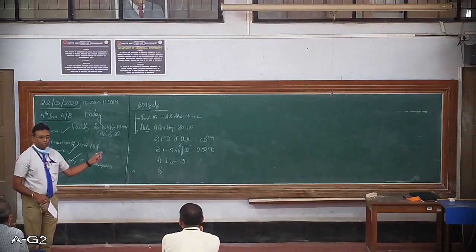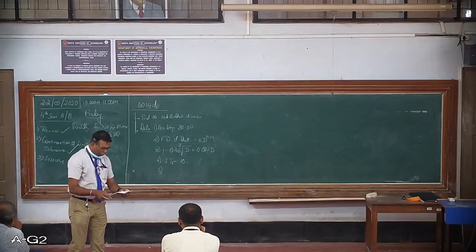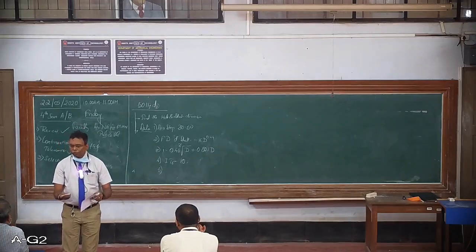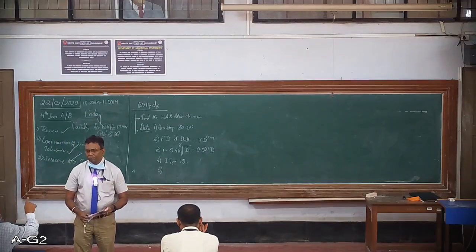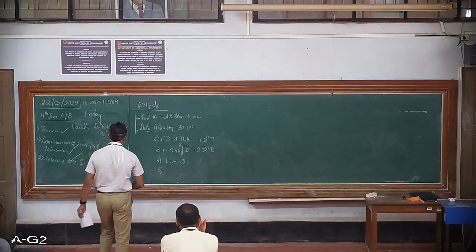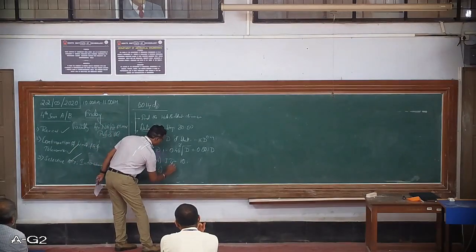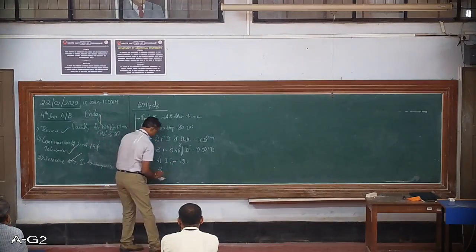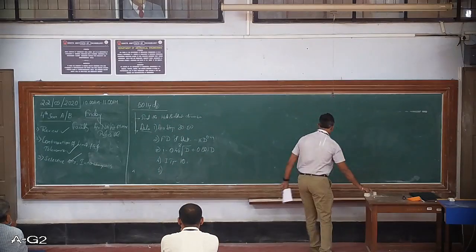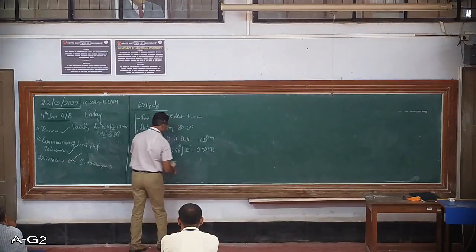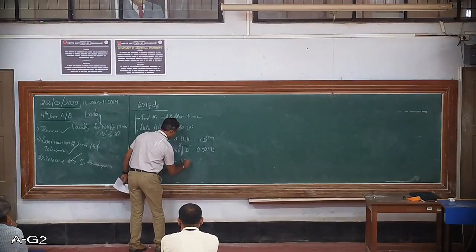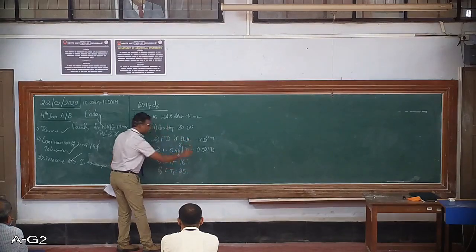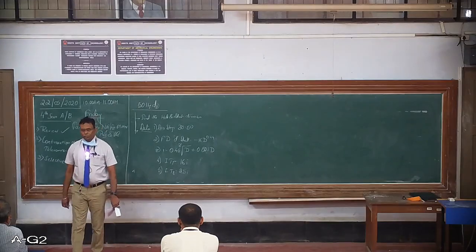We can go ahead with IT7: IT7 is 16i. IT6 is 10i, IT7 is 16i, and IT8 is 25i. That's it. So this is the given data.